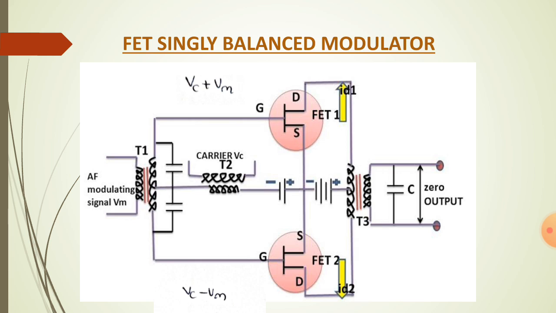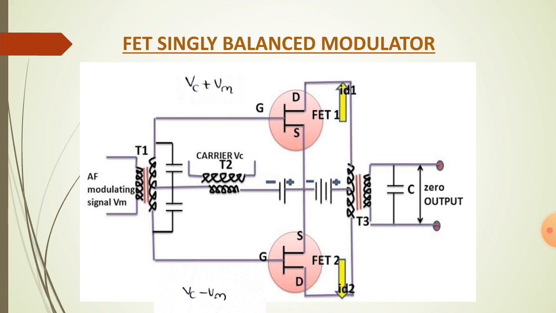That means when we give the modulating signal to the primary of the transformer T1, the output of the transformer T1 gives the signal Vm, which goes to the gate of the field effect transistor 1, and the 180 degree phase shifted voltage, that is minus Vm, goes to the gate of the second field effect transistor.